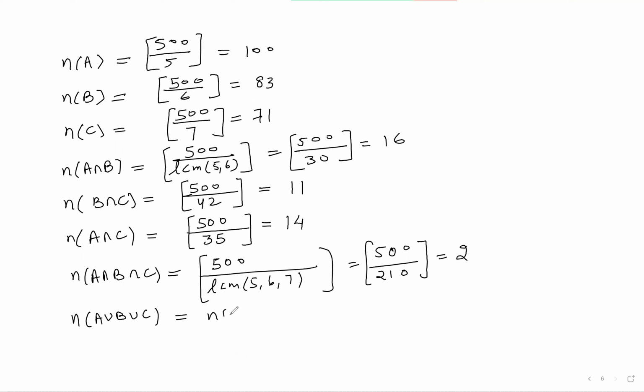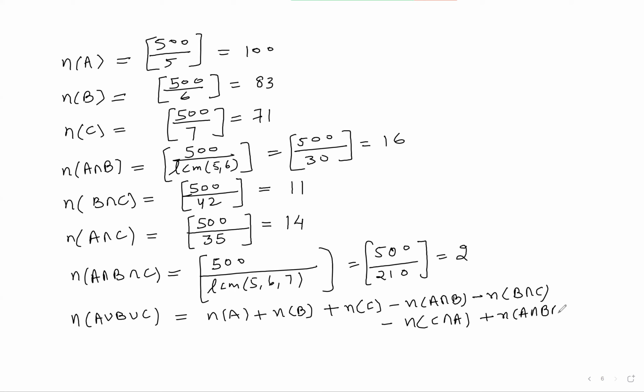The formula is the number in A plus B plus C, minus A and B, B and C, C and A, plus A and B and C. So substitute these values here: 100, 83, 71, 16, 11, 14. Calculate the result and you will get the answer.